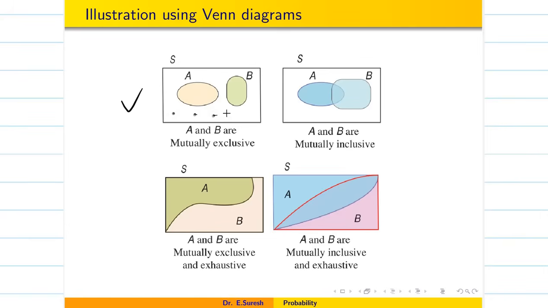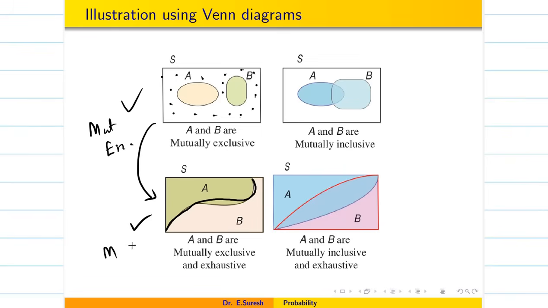But you see there is some data which is missing, so we cannot say this is exhaustive. It is simply mutually exclusive. But when you come to the second picture, it covers the whole sample space. This part is A and this part is B. So this is mutually exclusive as well as exhaustive.